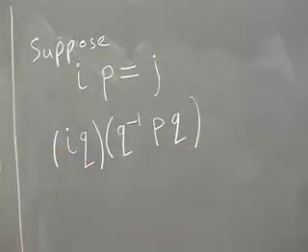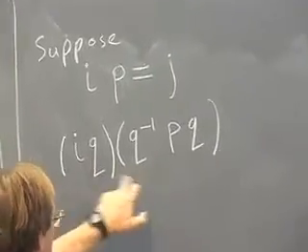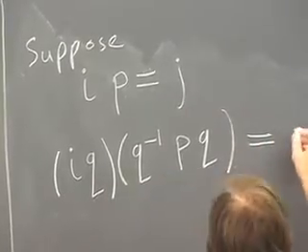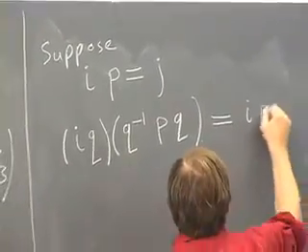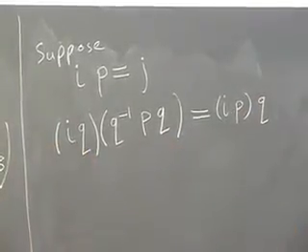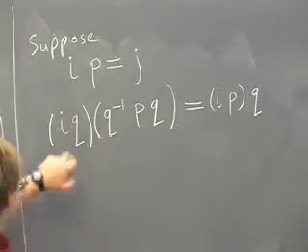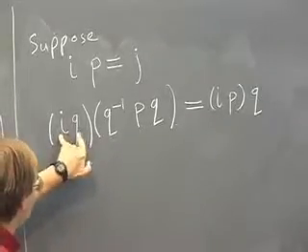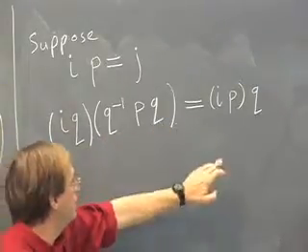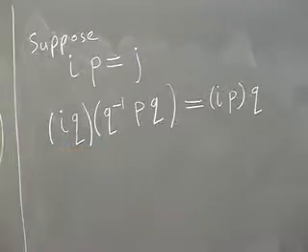Well, what is this product? The Q and the Q inverse cancel, so I just can, and changing the order of the parentheses, this is I acted on by P, acted on by Q. So I acted on by Q is sent by this conjugate of P to the image under Q of I acted on by P. Okay?